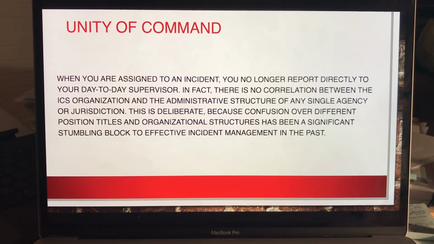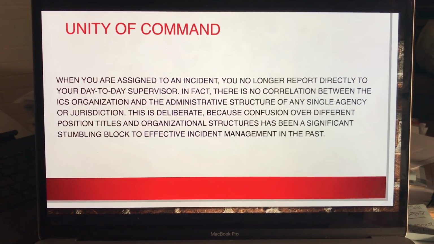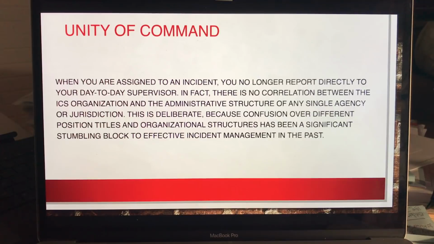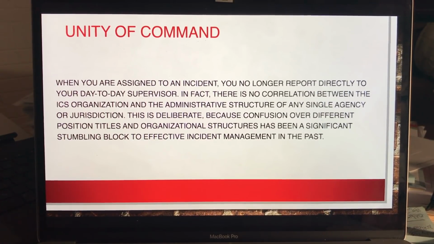When you are assigned to an incident, you no longer report directly to your day-to-day supervisor. In fact, there is no correlation between the incident command system's organization and the administrative structure of any single agency or jurisdiction.